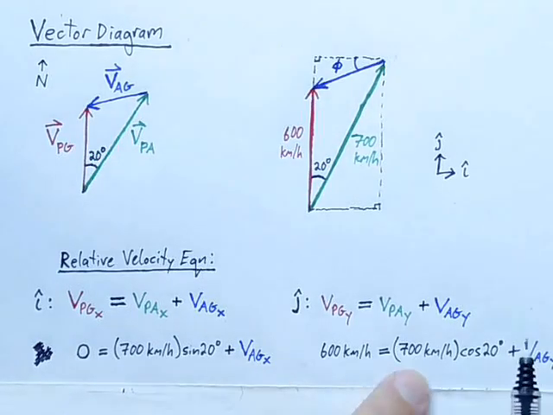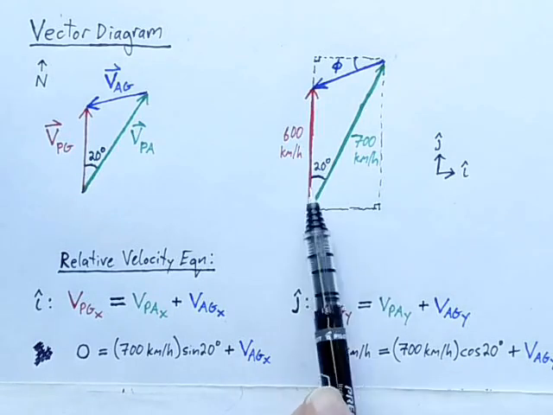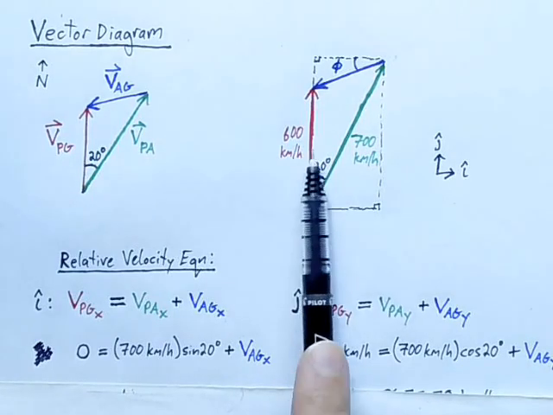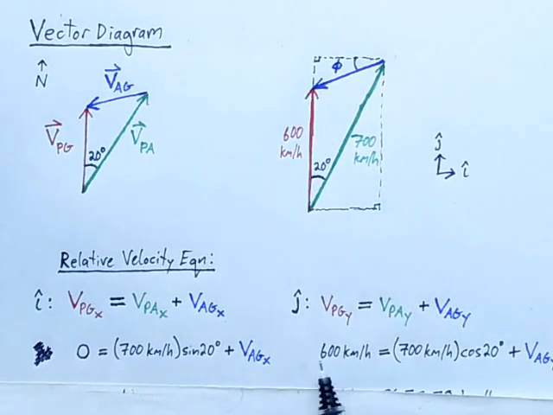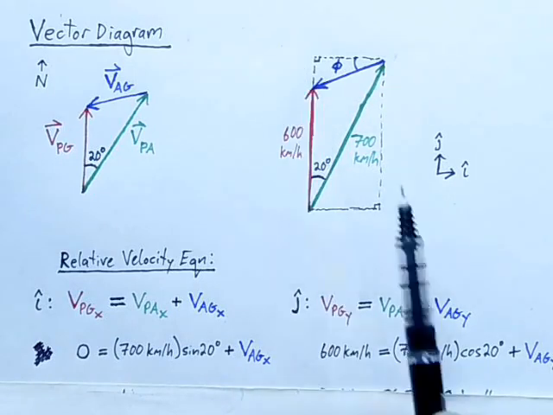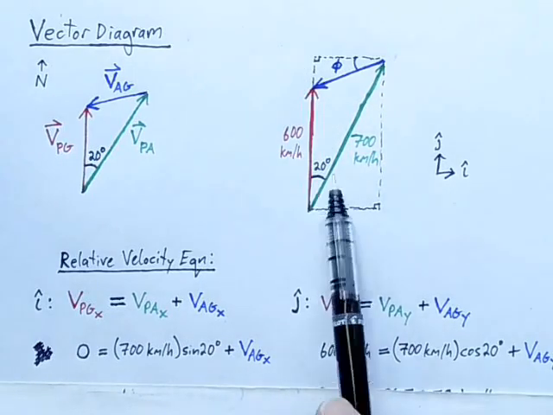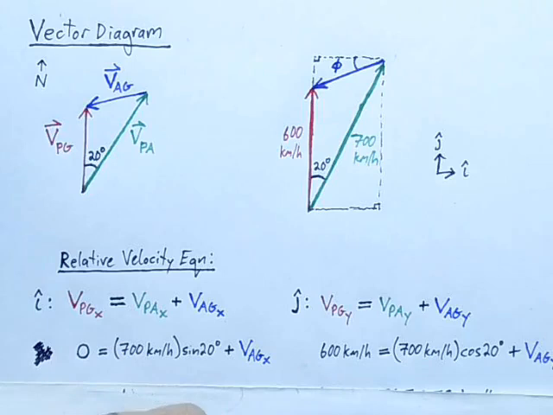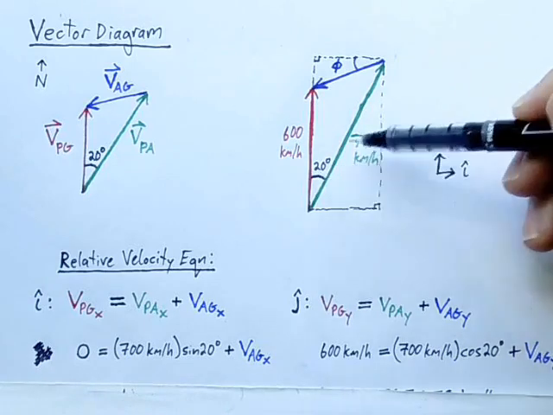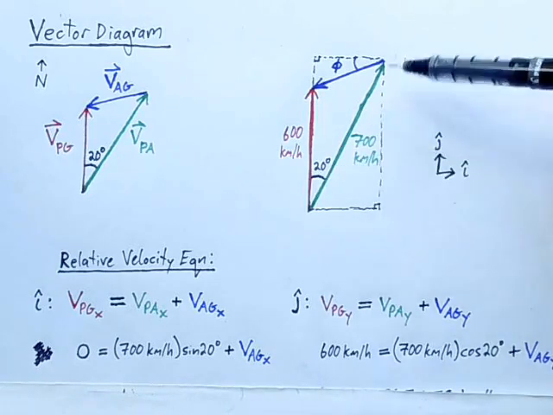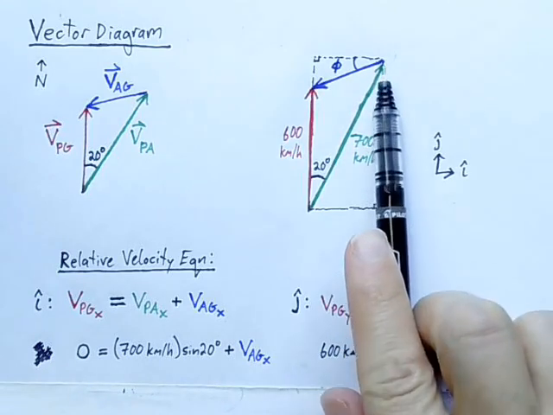Then in the y direction, VPG y component, well, it's only pointing in the y direction, so that's our full 600 kilometers per hour there. And that equals the y component of VPA. So again, if this is 20 degrees, then this angle here is 20 degrees. So I want this leg of the green triangle.